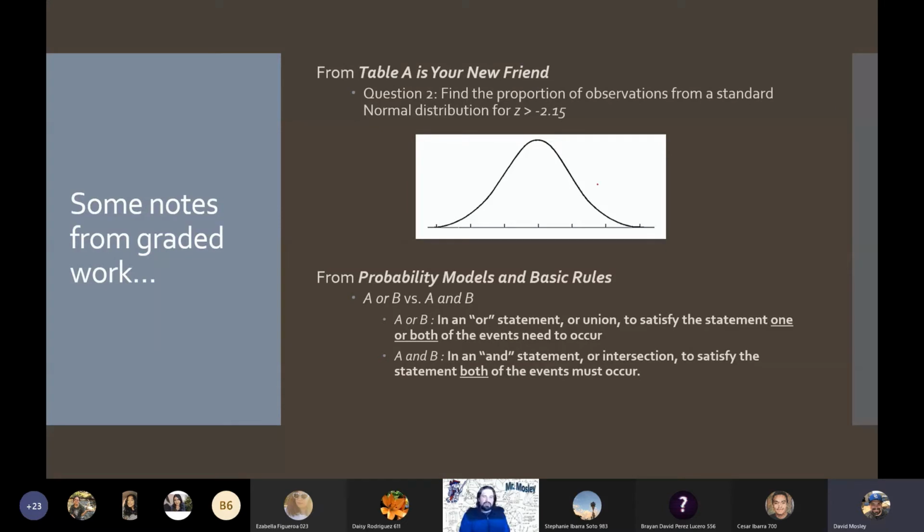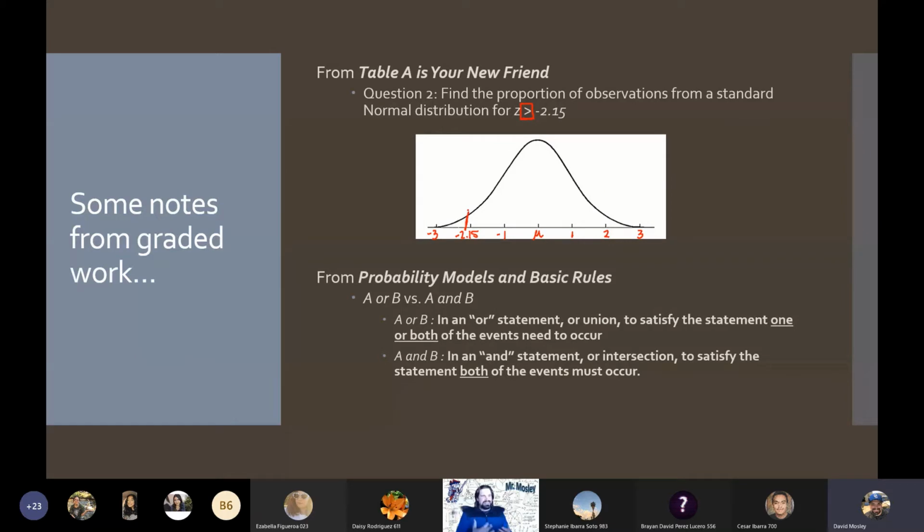Essentially, we're looking for the proportion of observations under the curve where z is greater than negative 2.15. We have mu, then 1, 2, 3 standard deviations to the left, negative 1, negative 3, and then we're going to mark here negative 2.15.